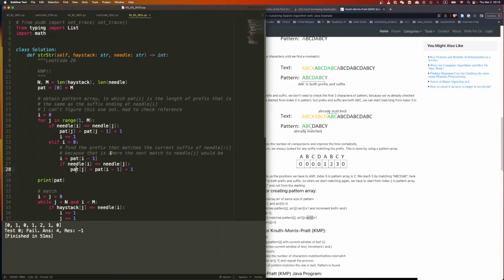Hold on, and then I just saw this is also not right. This should be I. If I is equal to j, okay, this is I plus 1, because if we start with 0, if these two are the same, then it's this plus 1.